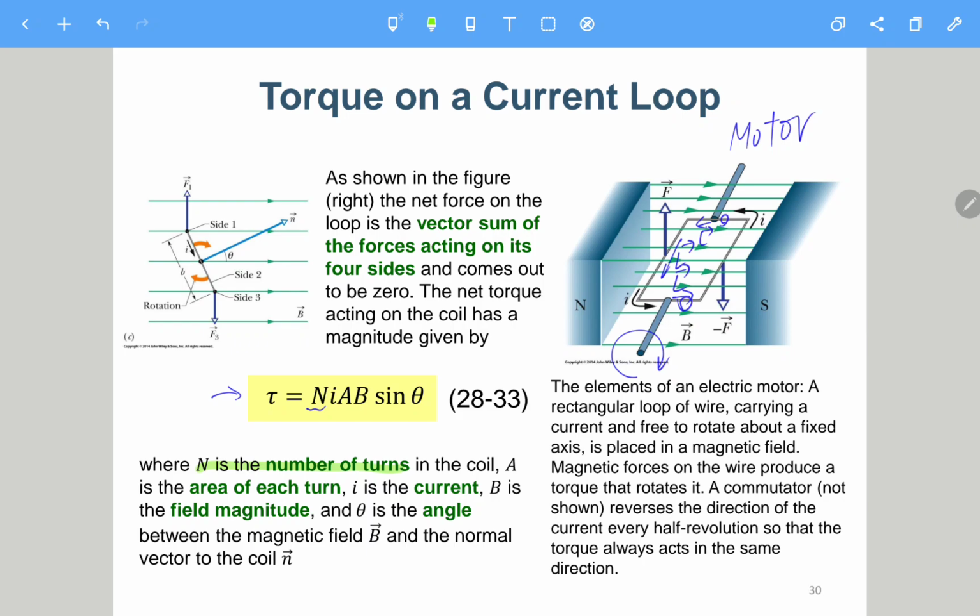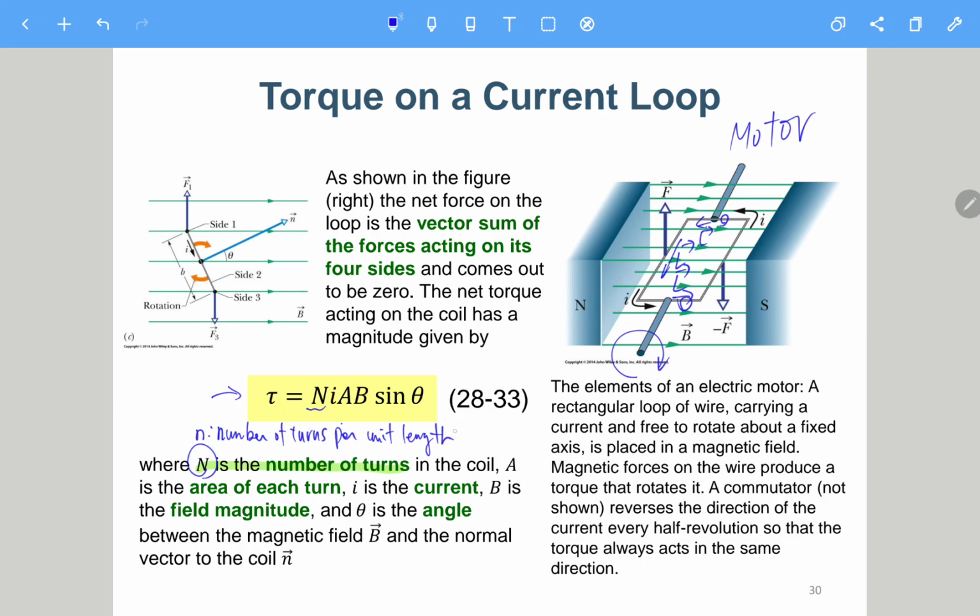Starting from this chapter, try to be careful about this N, whether it is a capital letter or a small letter. If it is a capital N, it means the number of turns. If it is a small n, then it will be the density of turns, which is the number of turns per unit length.